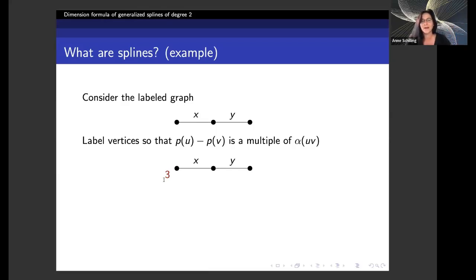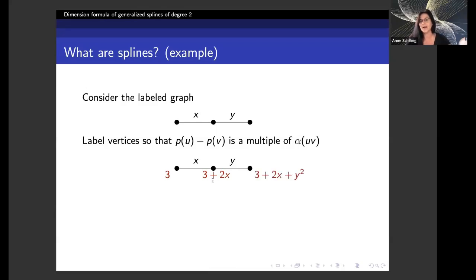Then what can we do for the next vertex? The difference between the label of this vertex and that vertex has to be a multiple of x. If you take the difference, the 3 cancels out and I get 2x, which is a multiple of x. So this would be a valid labeling.